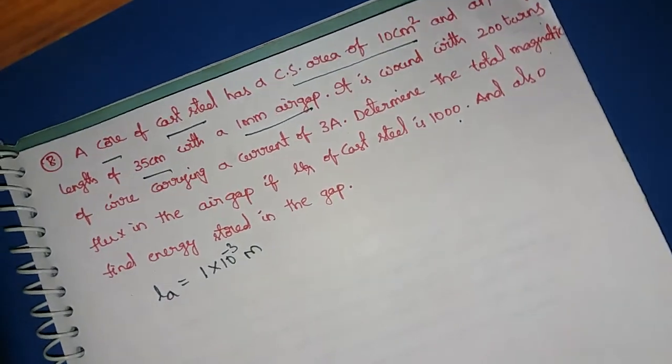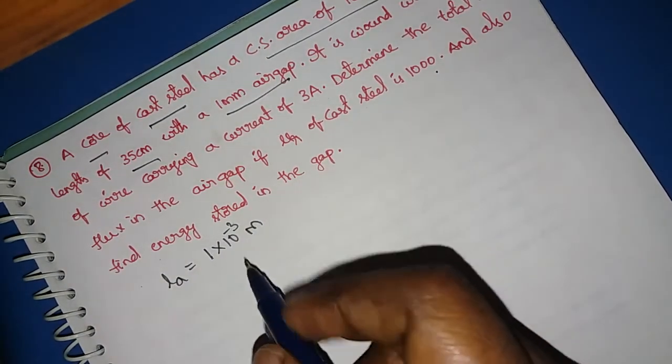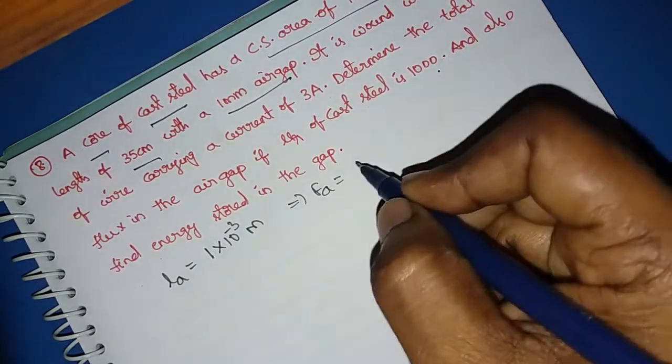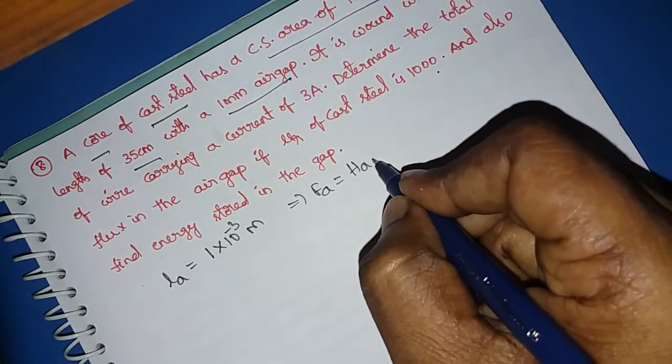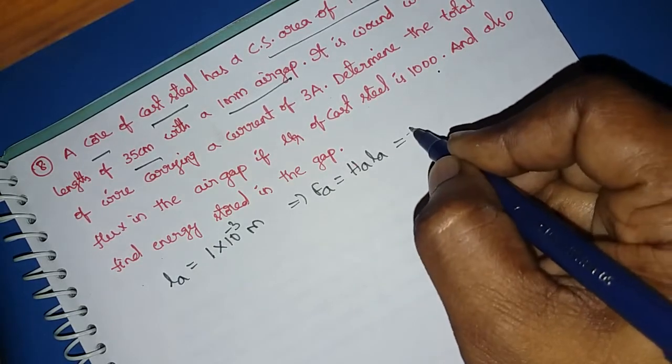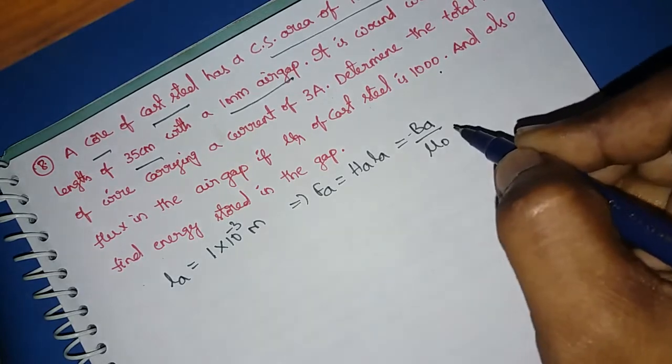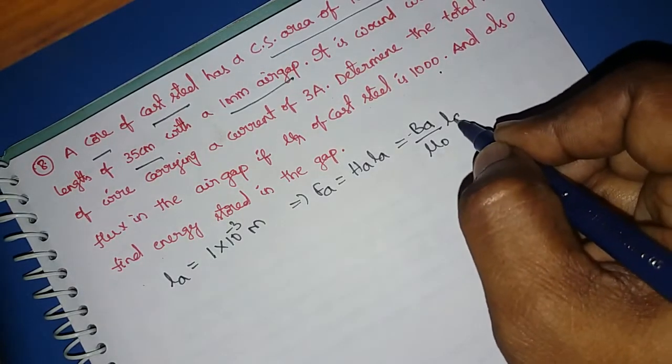And what are the ampere turns required in the air gap? That is FA, the MMF required for the air gap, is HA into LA. What is HA? BA by mu naught, because mu r is 1, into LA.